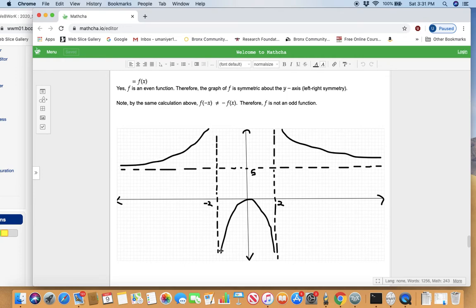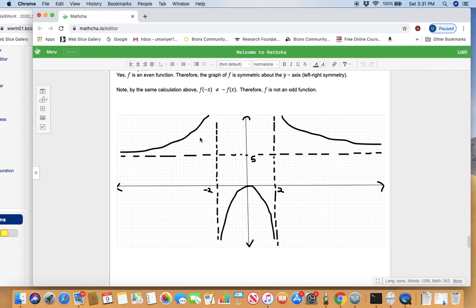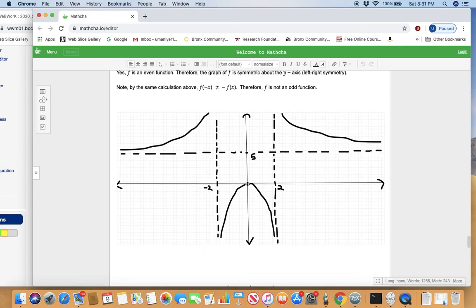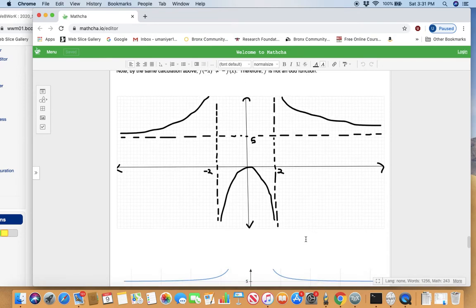I'm increasing here, concave down, decreasing here, concave down, decreasing here, concave down, and asymptotically I tend to y equals 5 on both sides. All right, so this is our graph. This is, by the way, a local maximum. There is no other maximum or minimum. (0, 0) is the only place where you get a local maximum.